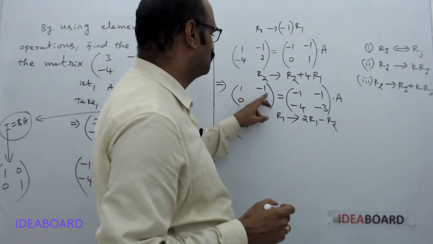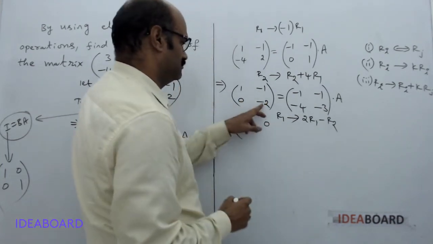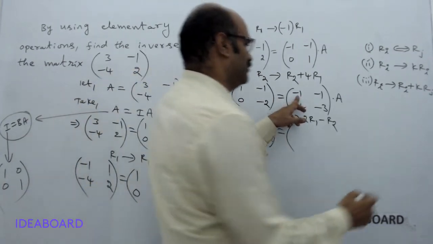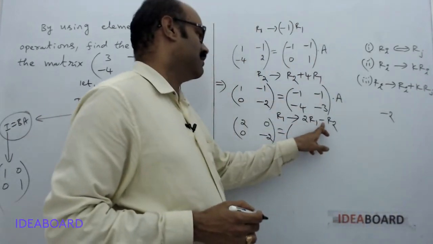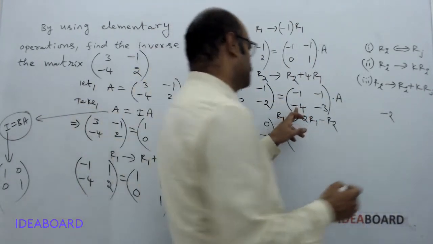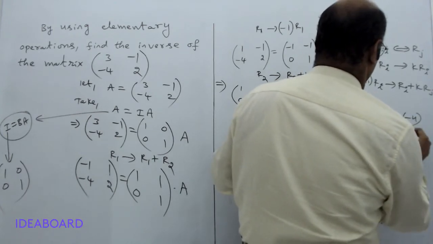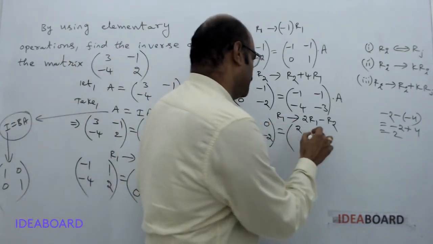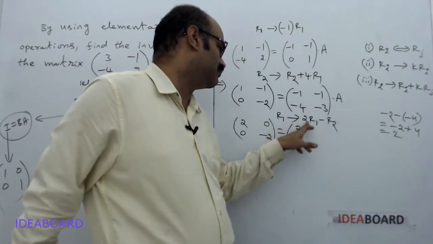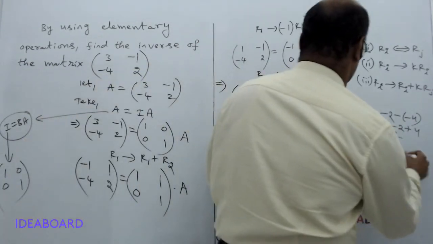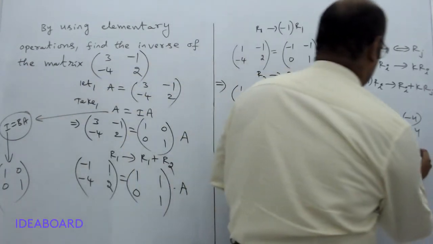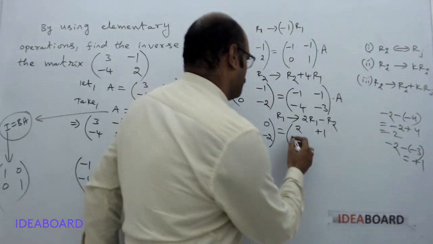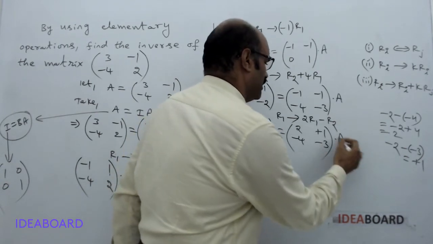Now minus 2 plus 2, 0. 0 minus 2 equal to, multiply this one by 2, minus 4, so minus 2 plus 4 equal to 2. Then it becomes 2 here. Now multiply this one by 2, minus 2, minus of minus 3 equal to plus 1. Minus 4, minus 3 into A.